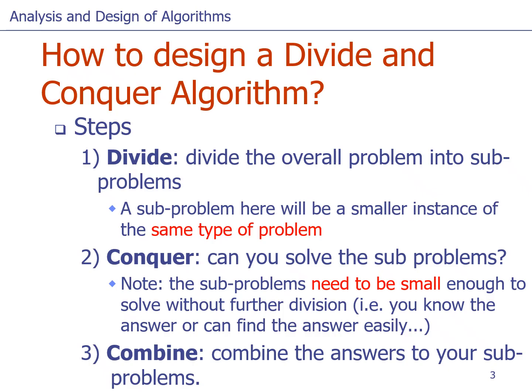The second step, as we've said last time, is you are going to actually solve the smallest meaningful problem or subproblem that you can identify. And the size of the problem here is very important, because it has to be small enough so that your conquering, or your actual solution to the problem, is almost trivial to encode.